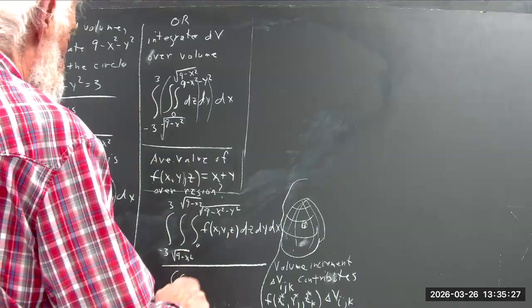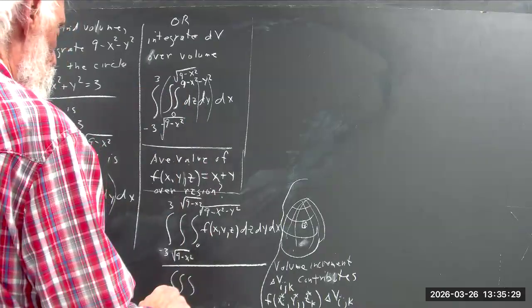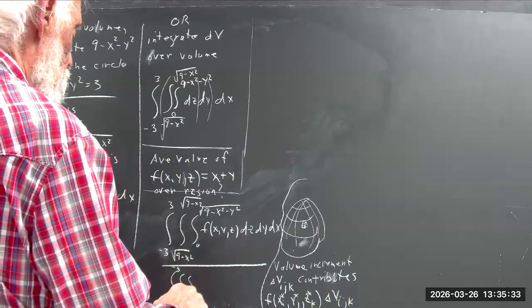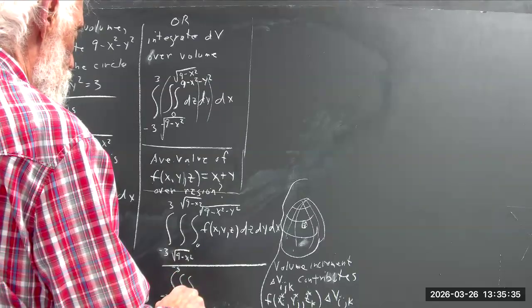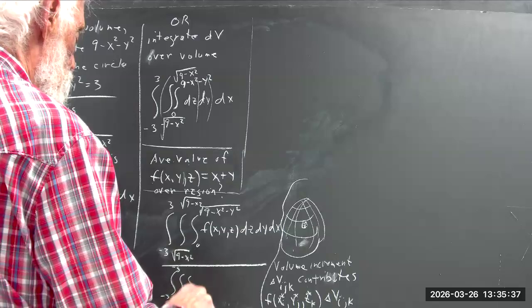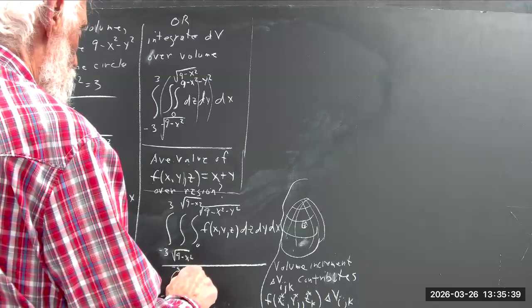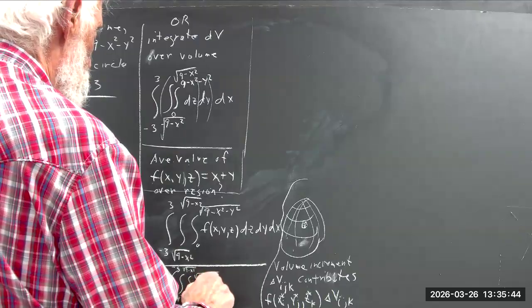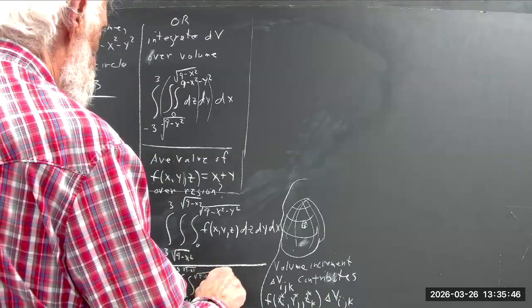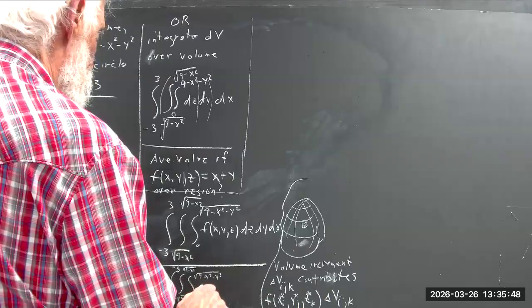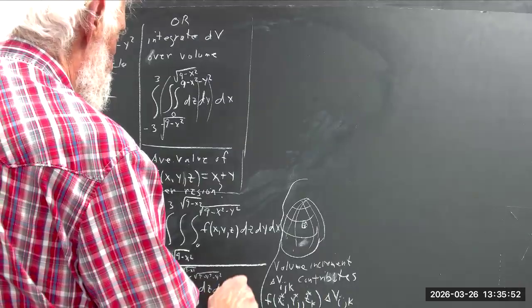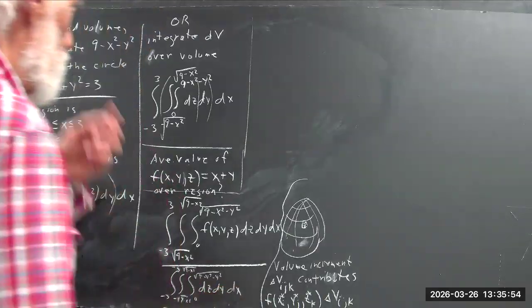And that's the triple integral that I wrote up here. Negative 3 to 3, negative square root of 9 minus x squared to the square root of 9 minus x squared, 0 to the square root of 9 minus x squared minus y squared of dz, dy, dx of your volume increment.